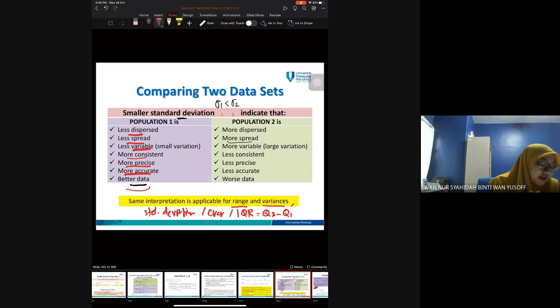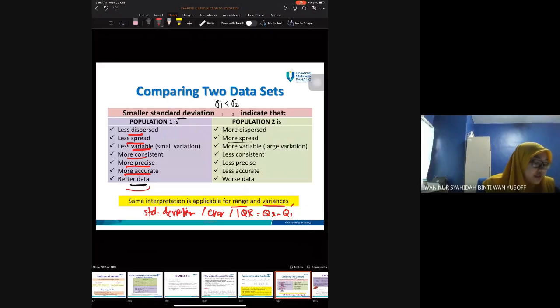So try to be well acquainted with the terms here, because in your assessment later, it could be one of these. You have to be used to the terms that we use when we discuss variability. The smaller the variability, the better the data it is.